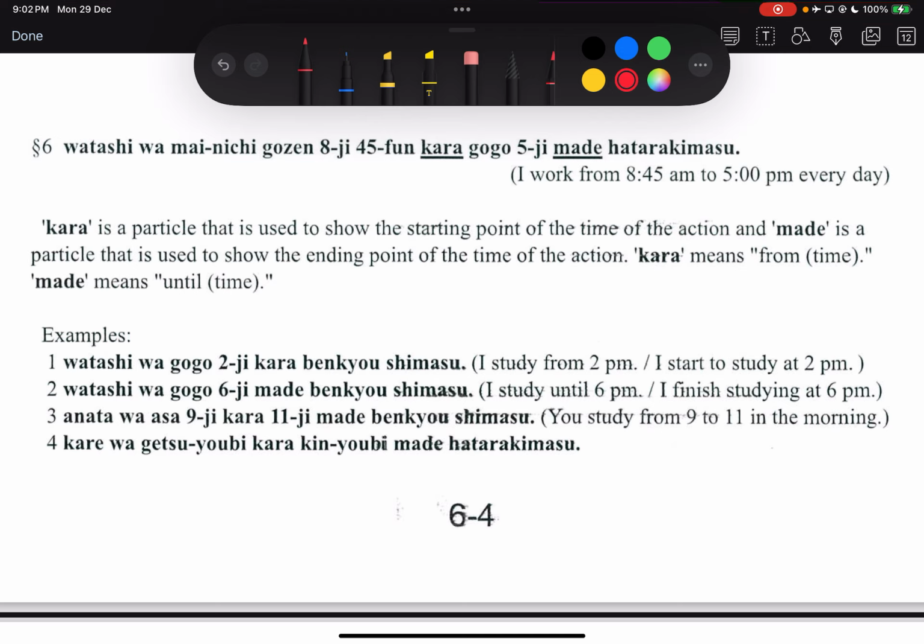Okay, number 3. あなたは朝9時から11時まで勉強します. So 9時から, from 9, 11時まで, until 11. 朝 is the morning. So when we say 朝, then we don't need to put AM or PM anymore, because it's already known that it's AM.